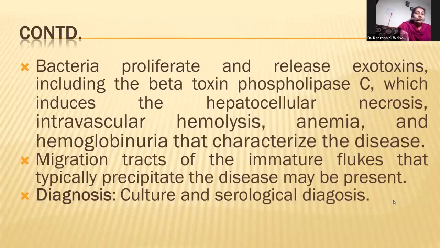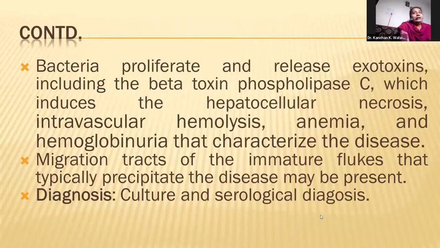So for diagnosis, we can go for identification in the fecal sample. If you are getting hemoglobinuria, along with that, if you are getting fluke eggs, then 80 to 90% the diagnosis is that this is because of it. And if there is some pain in the abdomen, especially on the right side of the abdomen where the liver is situated, you can palpate the animal, and the animal will elicit pain.